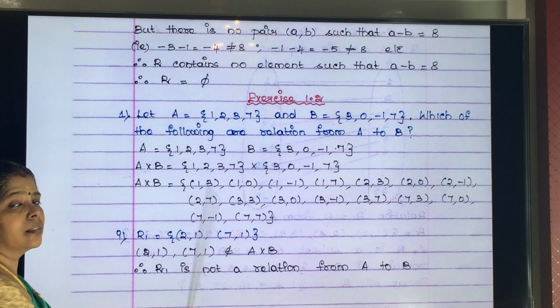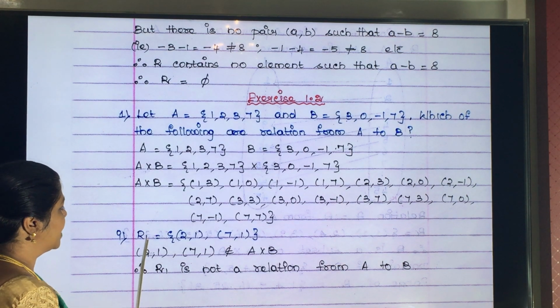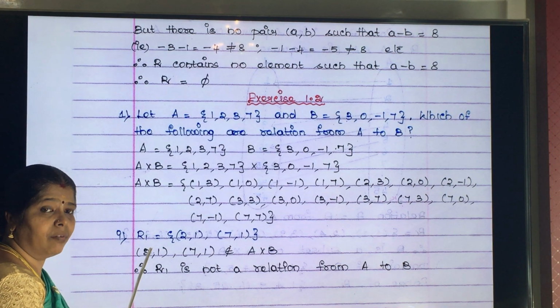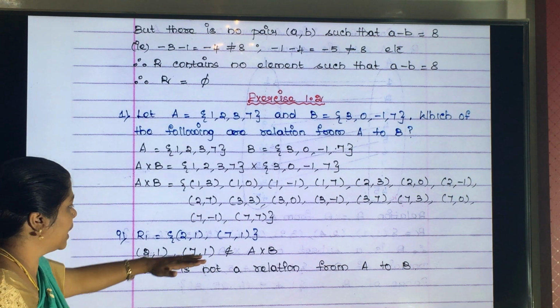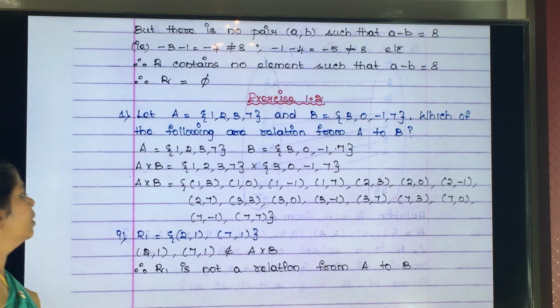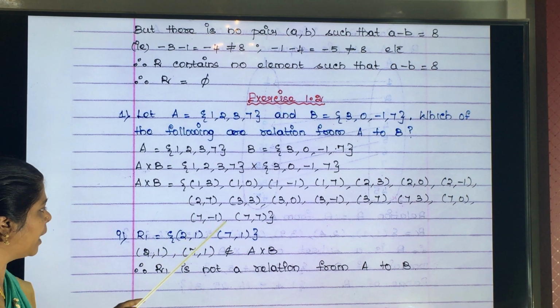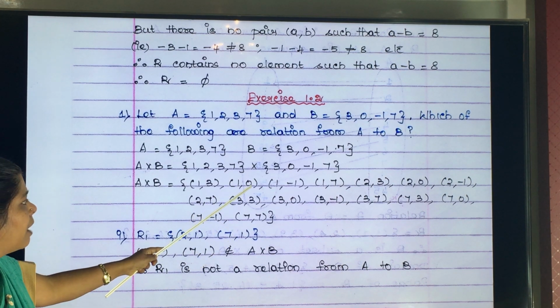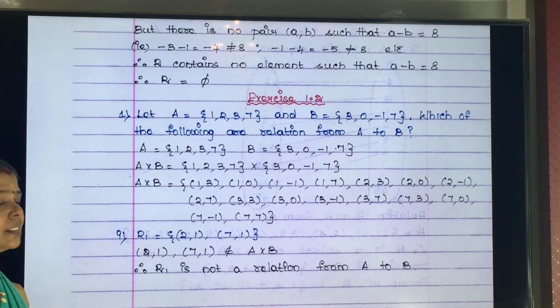Now keep this. Now let us go into the first subdivision. The relation R1 given here is {(2,1), (7,1)}. We need to check whether this is a relation. So what we need to do? We have to check whether these ordered pairs (2,1) and (7,1) are available in the Cartesian product A cross B. Check and see, children, if it is there.